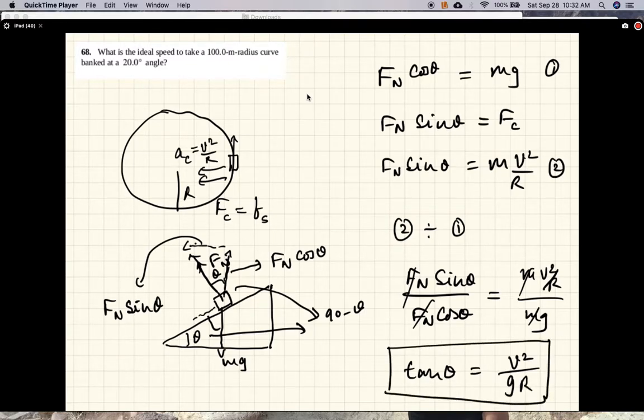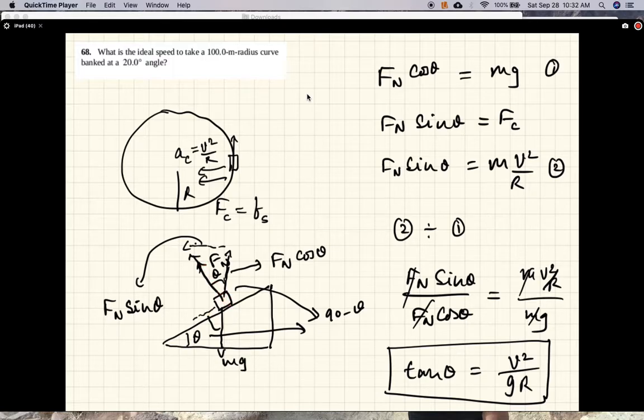What all this means is, if the road is banked at this angle, where the tangent of the angle is the speed divided by gr, then if you go at this speed you won't need any static friction force.